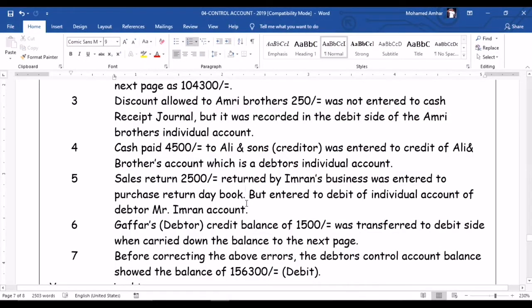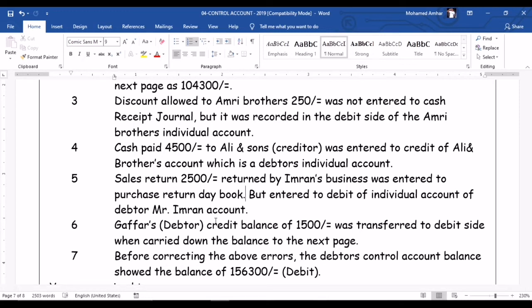And it was entered in the debit side of the individual account of Mr. Imran. Mr. Imran is a debtor. But this sales return should be credited, not debited to the Imran account.